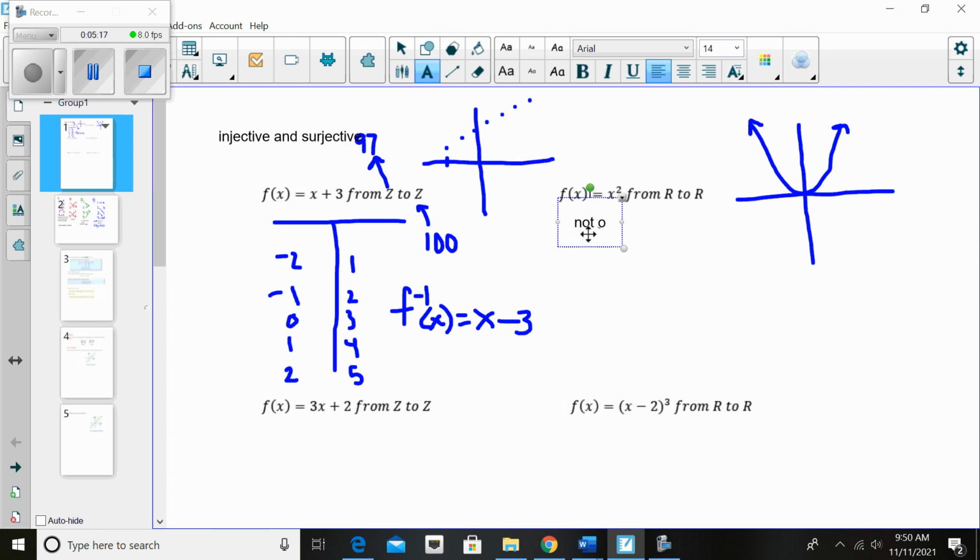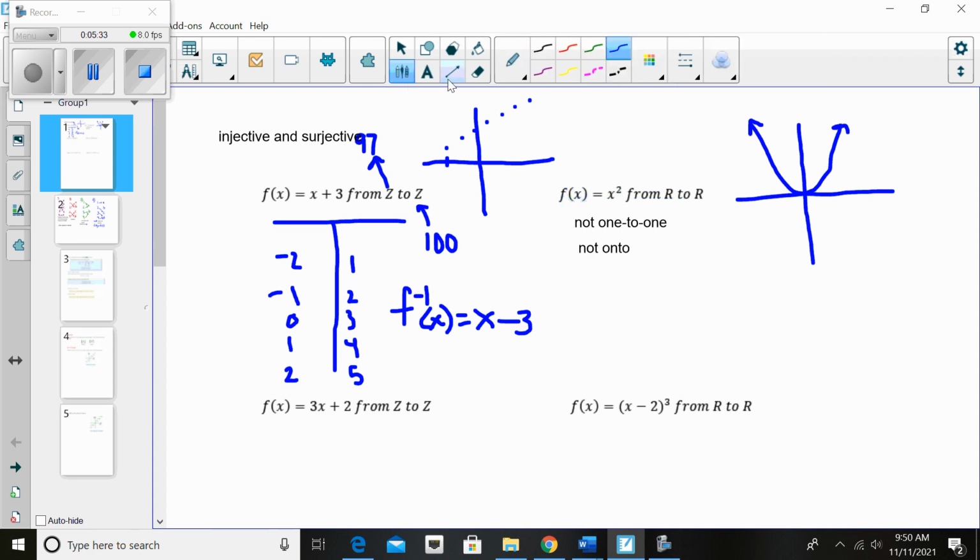It's not onto, because all of these negative values down here do not have a pre-image.